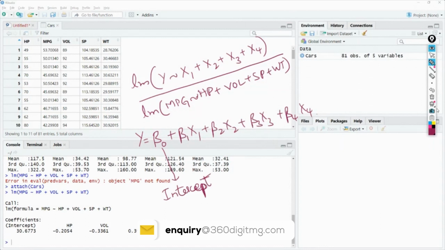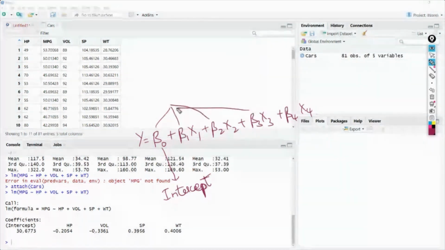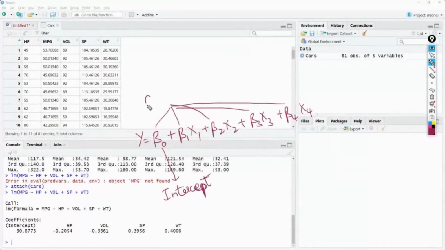And all the other values are nothing but slopes. Let me erase this. All these values put together are called coefficient values. Beta naught is called the intercept value.